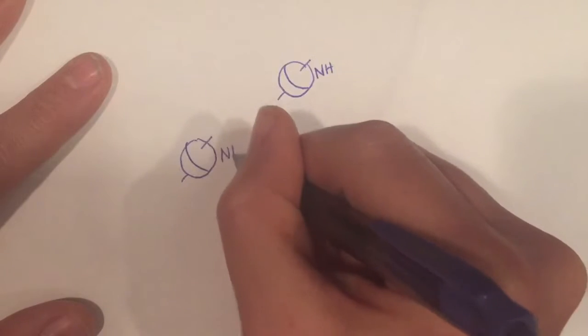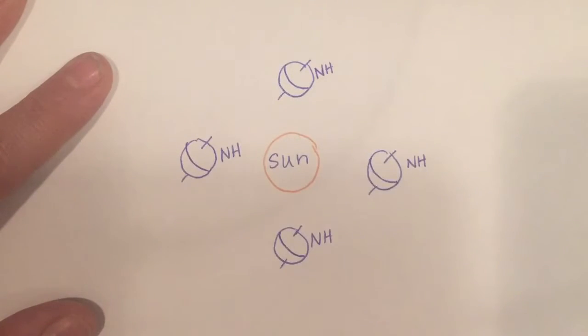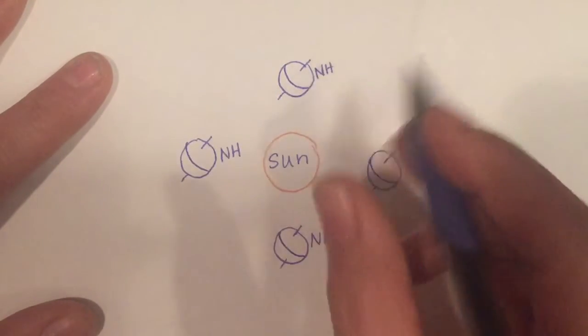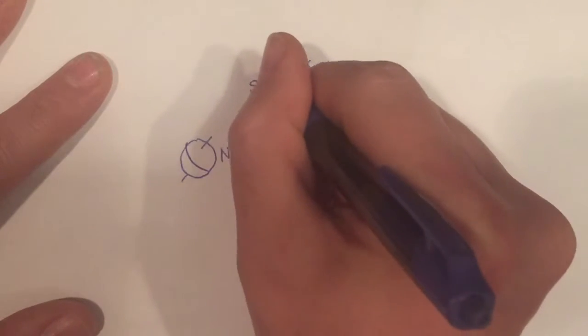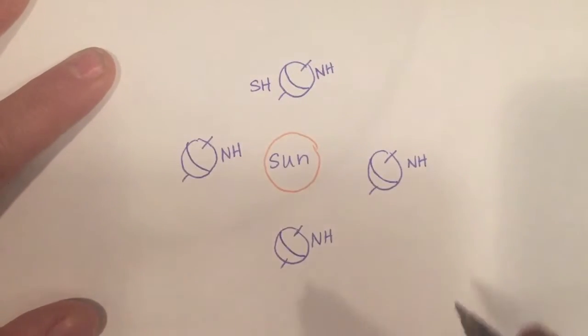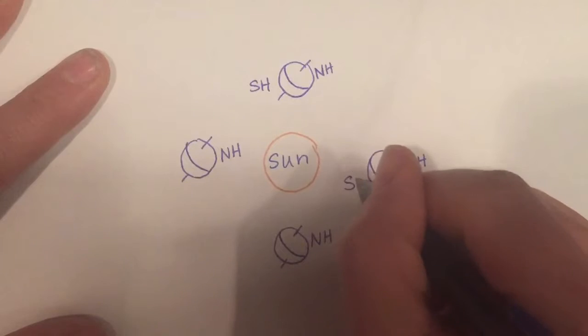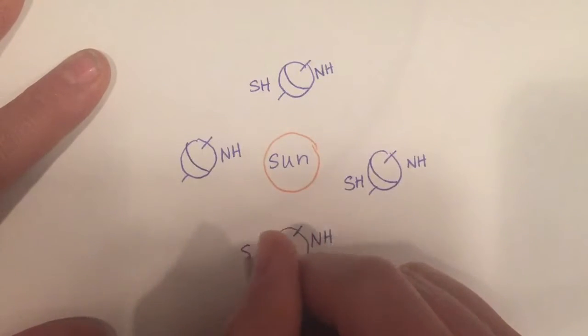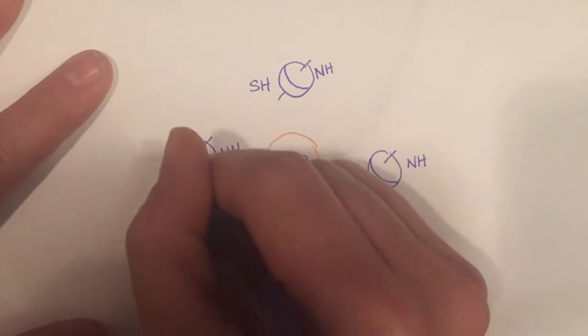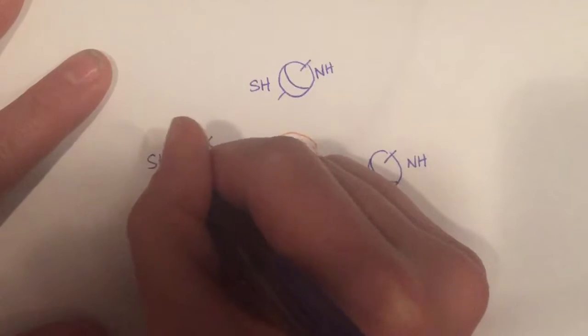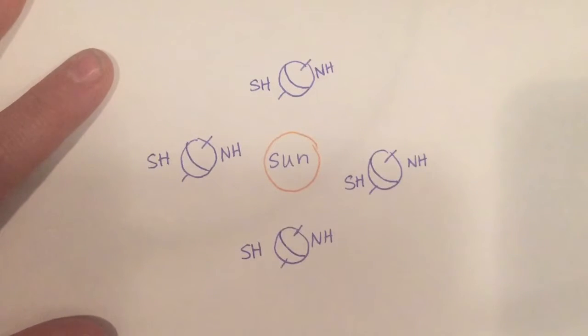The opposite of the northern hemisphere is the southern hemisphere, SH. We in the United States are located in the northern hemisphere.